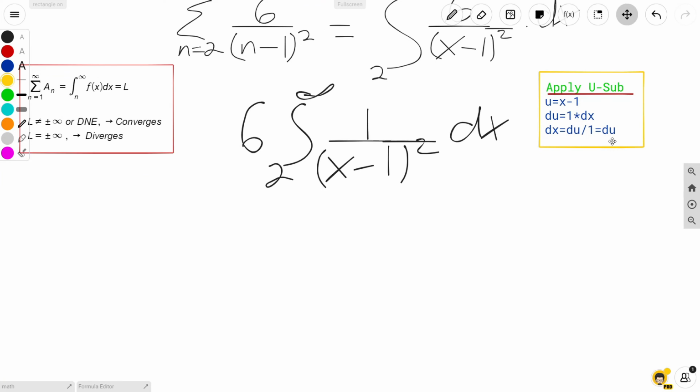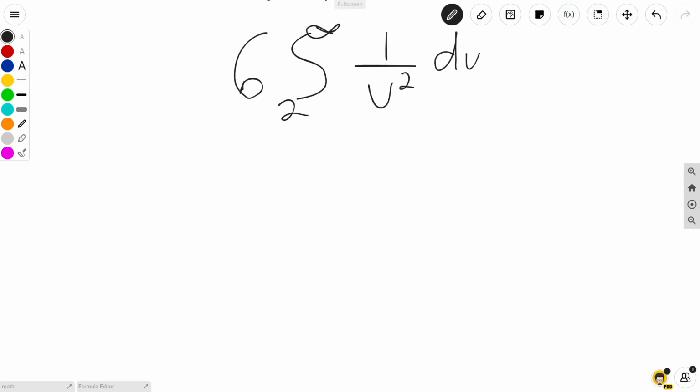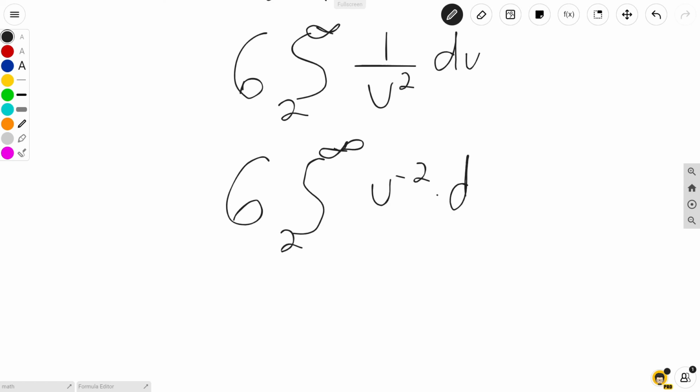The integral of 6, from 2 to infinity, of 1 over u squared times du is simply equal to the integral from 2 to infinity of u to the negative 2 times du.